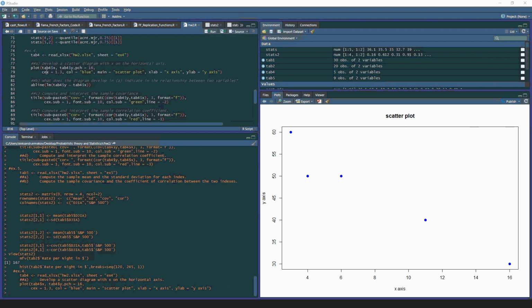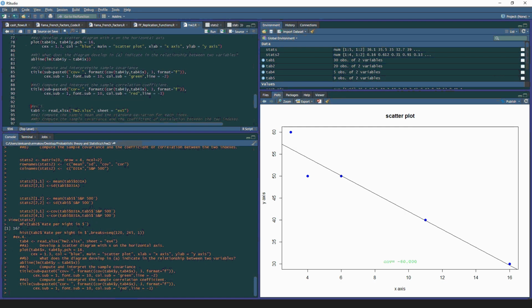This is the way we can do it in R. You can also use Excel, but for me it's more convenient to use R. I just want to show you some advanced techniques for your course, but I think you all know how to do it within Excel.